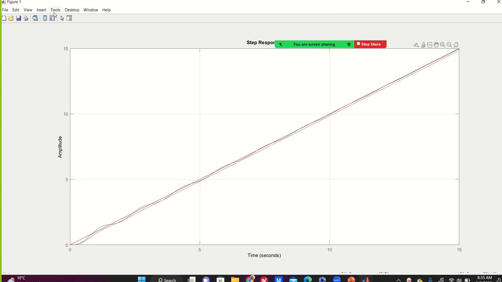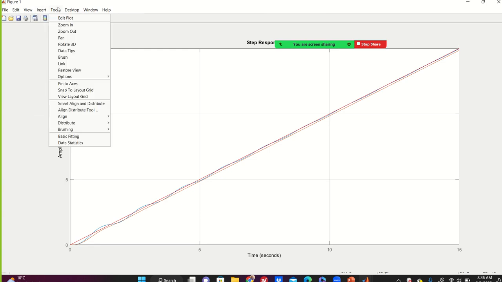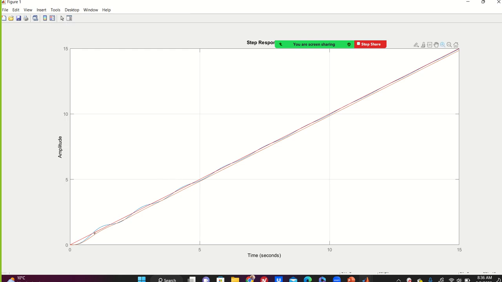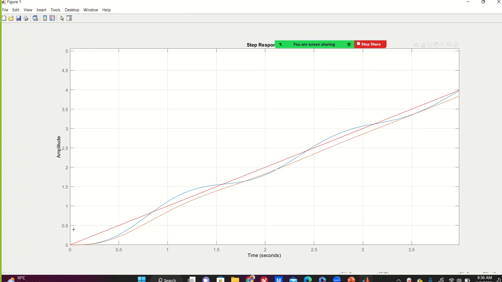So guys, if I zoom this in, here we go. The red line is the unit step. The blue line is for zeta 1. When zeta is 0.05, you have a low amount of damping, so you see more oscillation.